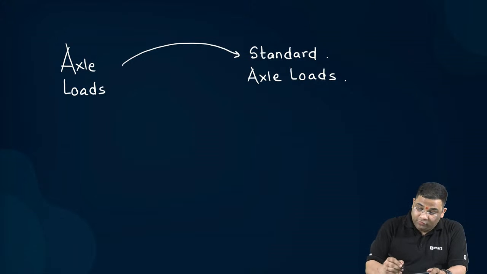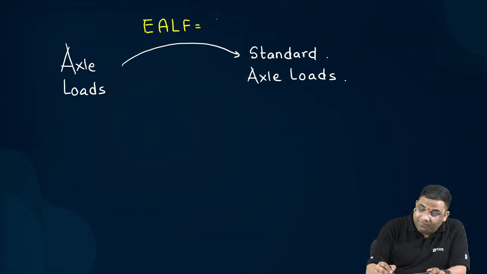To convert axle loads to standard axle loads we use EALF. That EALF was (W by Ws) to the power 4.